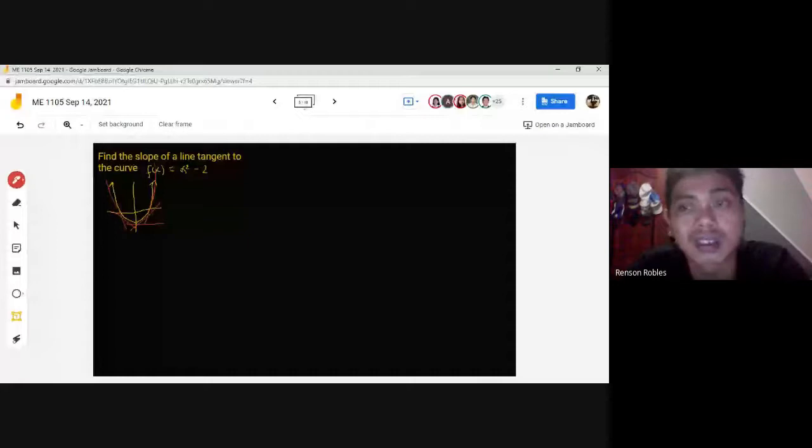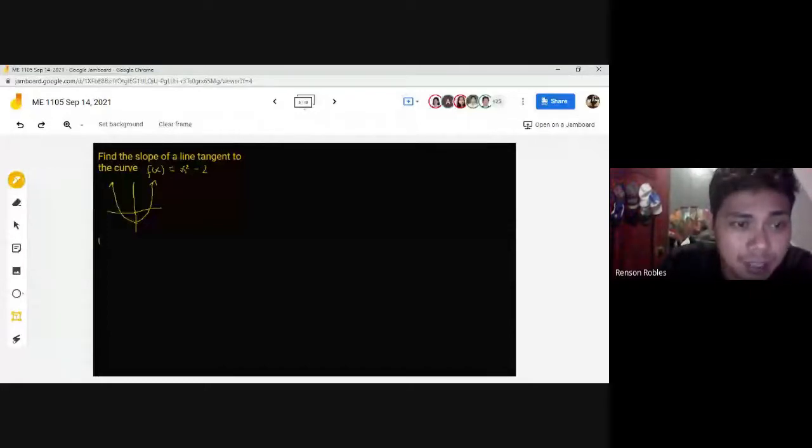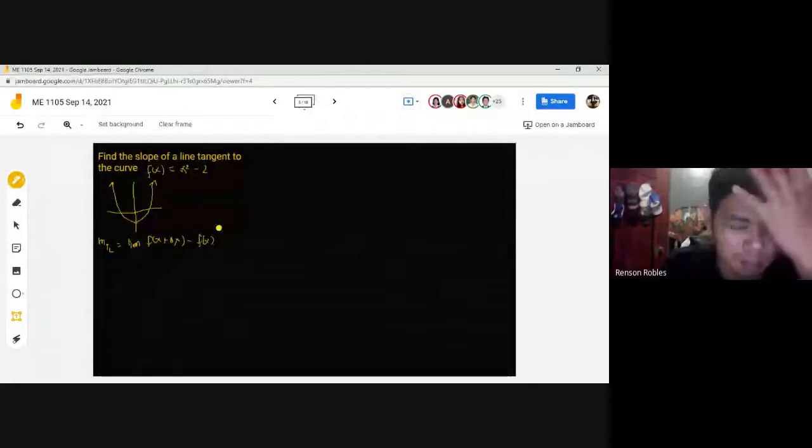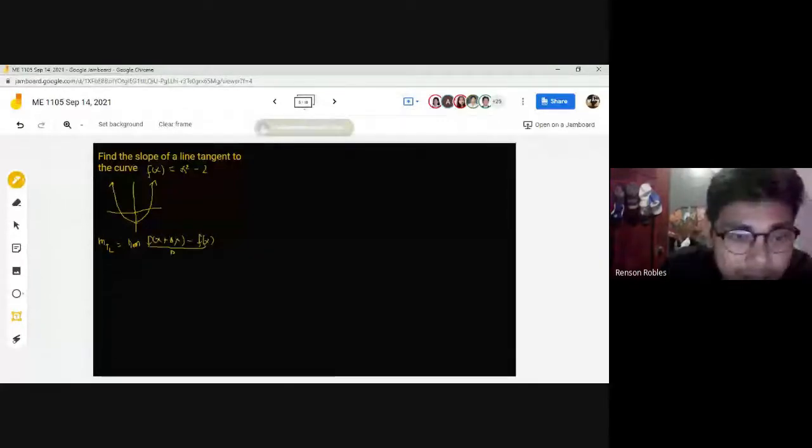Okay? And then we will be looking for its slope. By definition, you can say that the slope of the tangent line is equal to the limit of the function f of x plus delta x minus f of x all over delta x as delta x approaches 0. Right?